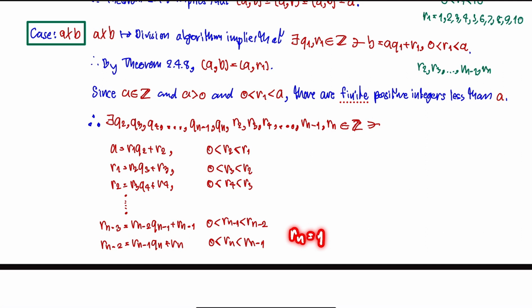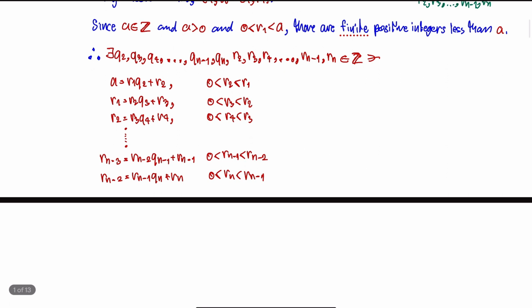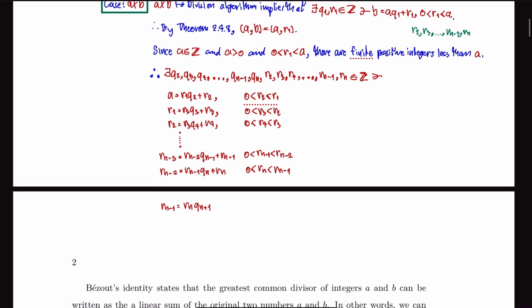And what is the number that is less than 1? Is 0, right? Okay? So the last one is going to be, if you divide Rn minus 1 by Rn, we gotta have Rn minus 1 equal Rn Qn plus 0. That's it.